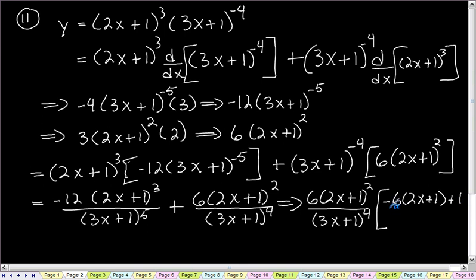And so on the bottom, if I take that out, I'm left with, actually they're going to be separate.